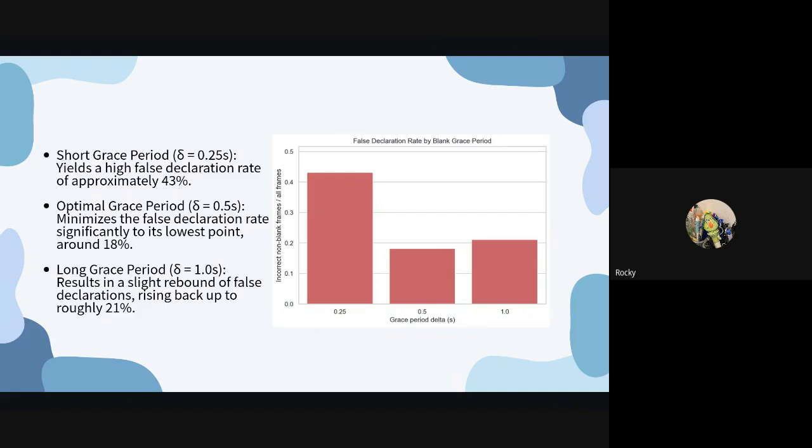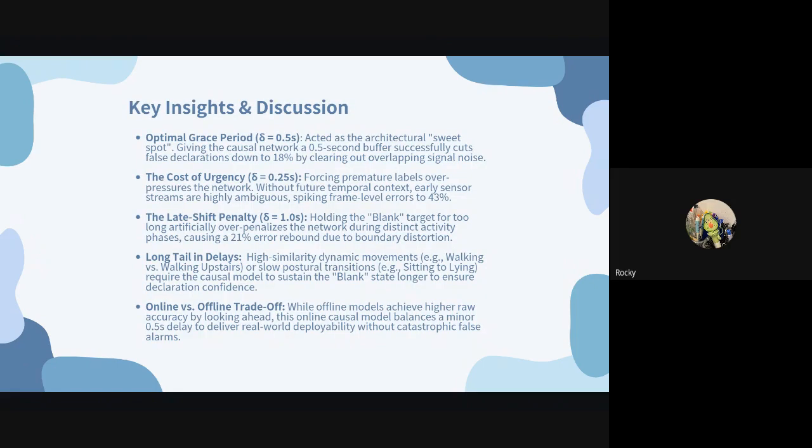Let's summarize the engineering insights behind this phenomenon. Next page. Okay. First, the 0.5 second grace period acts as our architectural sweet spot, effectively clearing out overlapping signal noise.